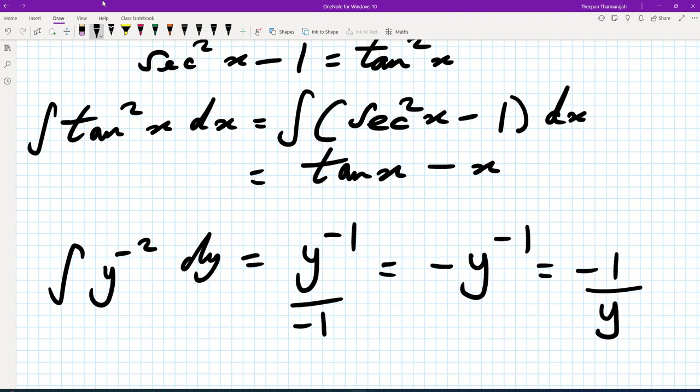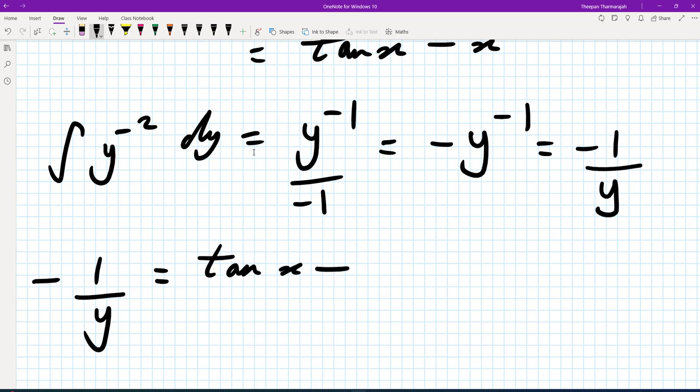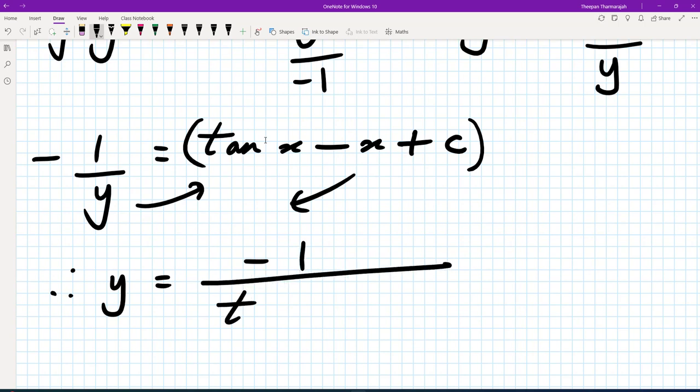So we could write this as minus 1 over y is equal to tan x minus x plus the arbitrary constant. So we're going to take all of this, bring it down here, take the y, move it up. So what we end up with is therefore y equals minus 1 over tan x minus x plus the arbitrary constant c.